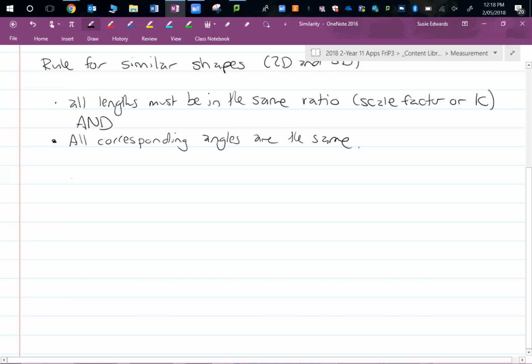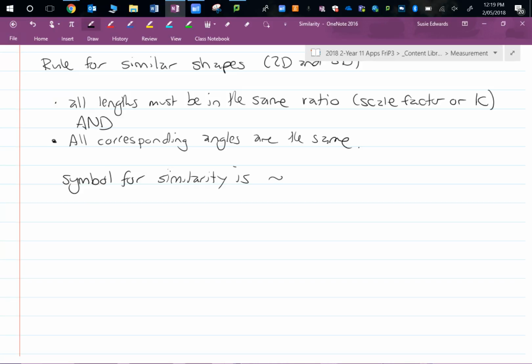Now, the symbol for similarity is just a little one-line curly line. So you need to know that. Okay, so proving two shapes are similar.